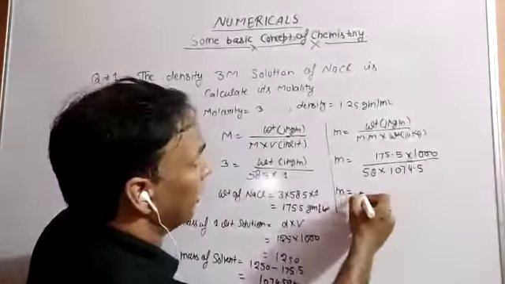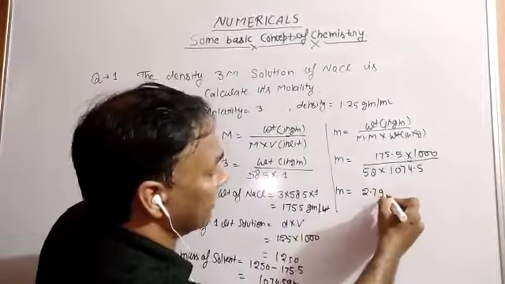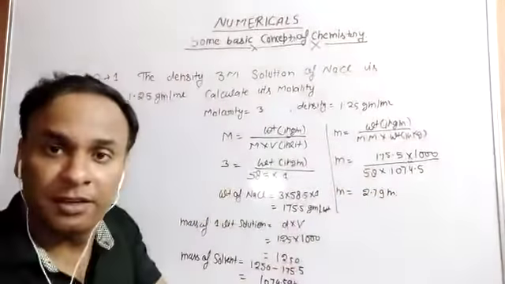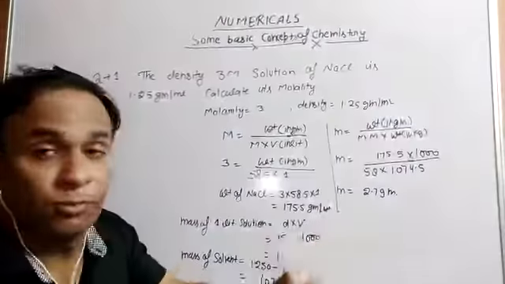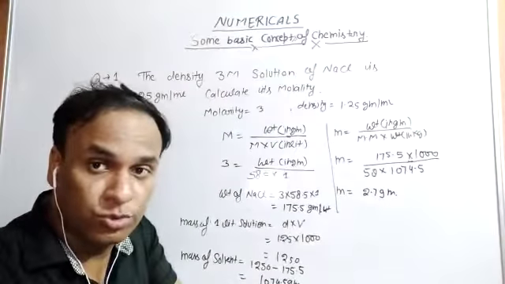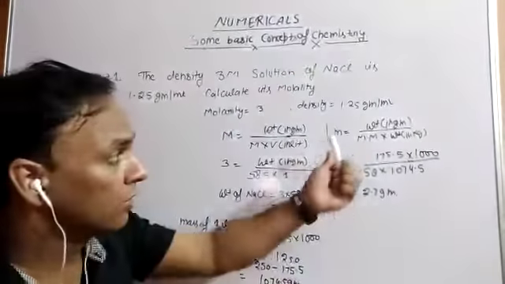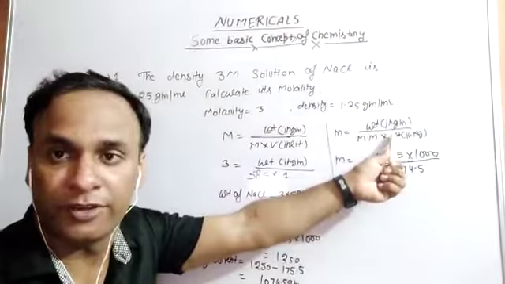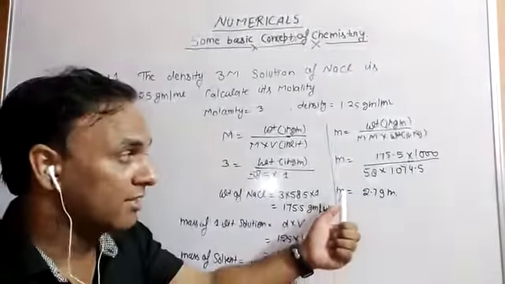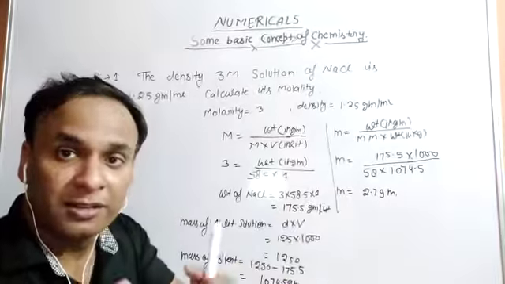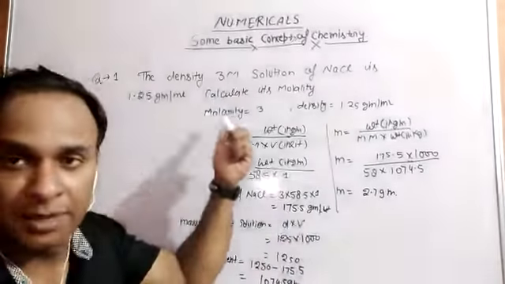Then the molality is approximately 2.79 small m. Clear? Listen, this is the molality. Molality of the solution is defined as the number of moles present in 1 kg of solvent. Got it? Molality is represented by small m, while molarity is represented by capital M.